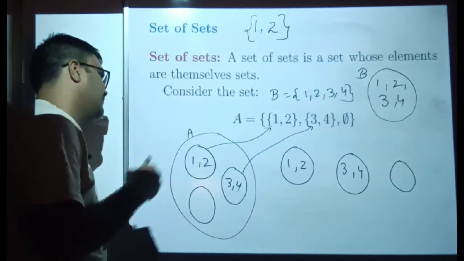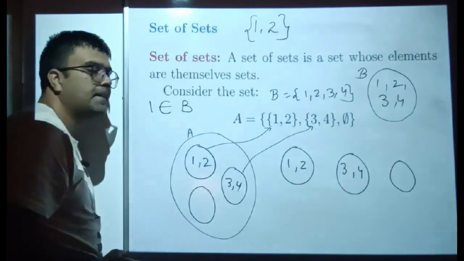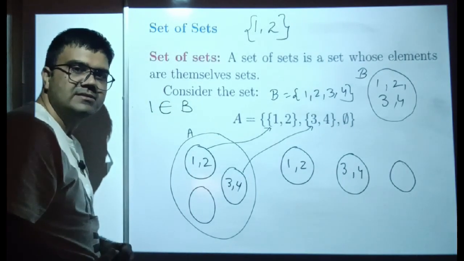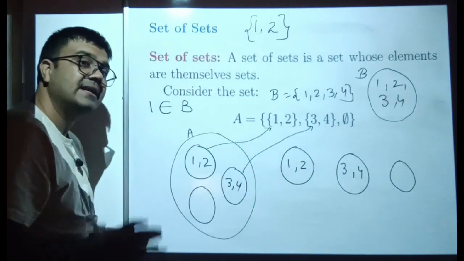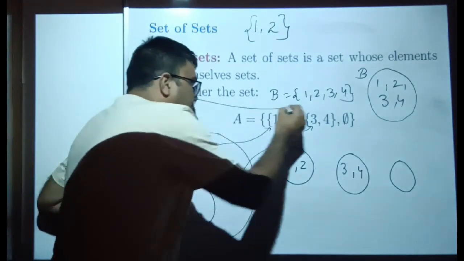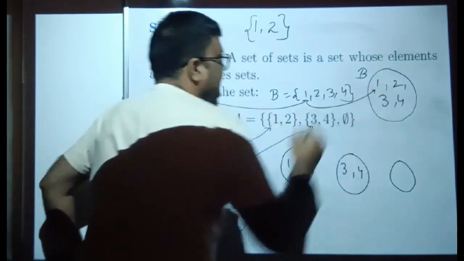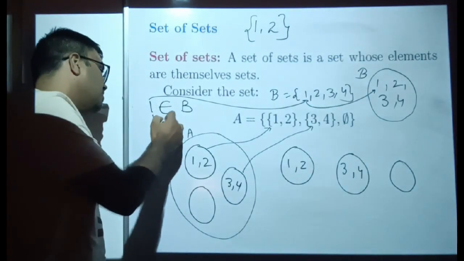If I ask, does 1 belong to B? Does the number 1 belong to B? When I am saying belongs to, it means that the number should be present in B. This number 1 is present in the set B. Now if I ask, does 1 belong to A?